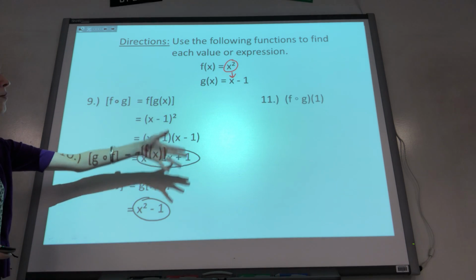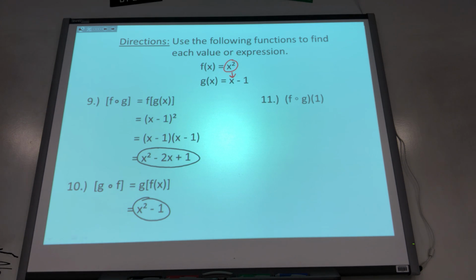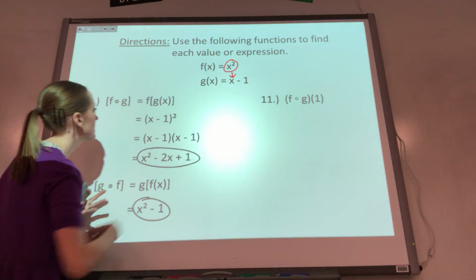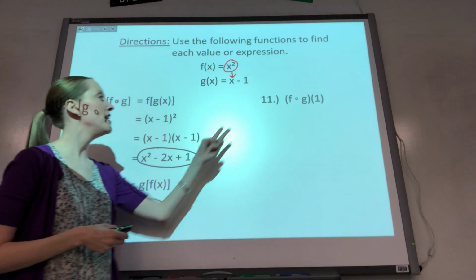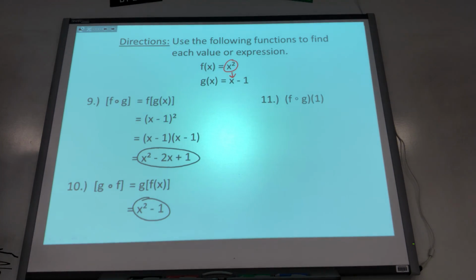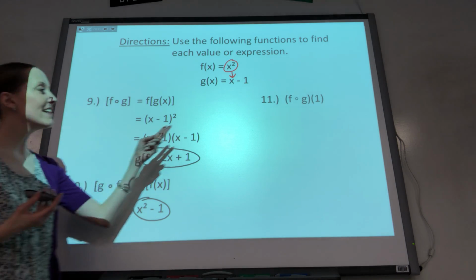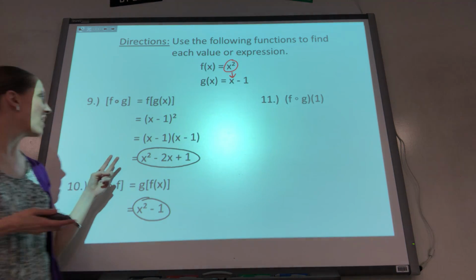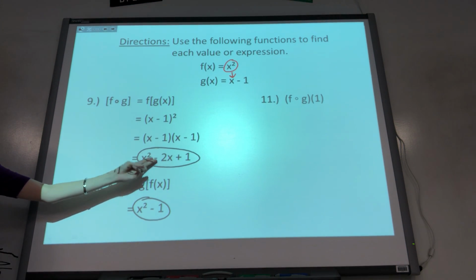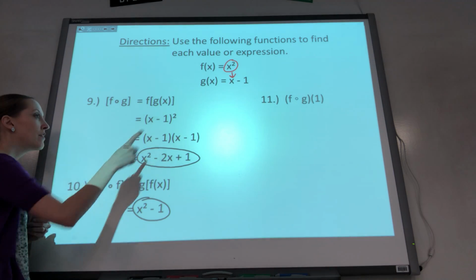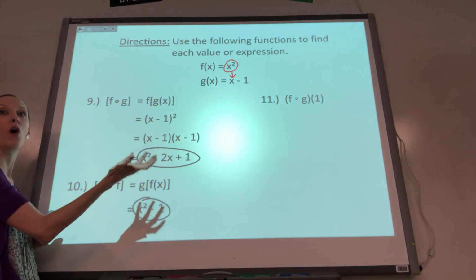Now I want to do a couple more over here where it's not just f of g or just g of f. I'm using different notation here, but brackets, parentheses, it all means the same thing. On number 11, we want to find f of g of 1. Now I did give you 2 ways to do this, but because we already know what f of g is, we can probably just take this answer from number 9 and replace the x's with 1's.